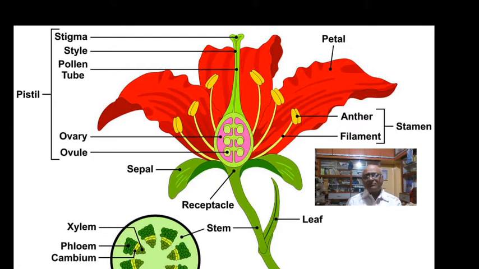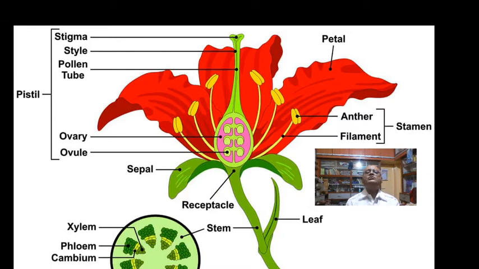Most importantly, the colors attract different types of agents, and these agents are pollinating agents. Say, for example, insects. Because of the coloration pattern, insects are attracted toward the flower for trapping something present in the flower, that is called honey. So these petals are mostly colored.